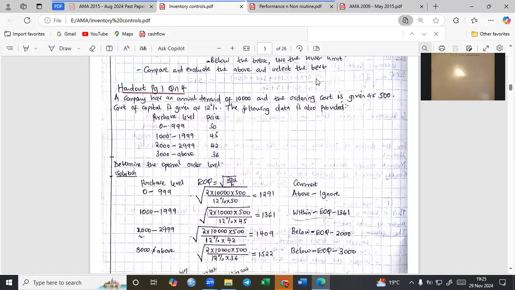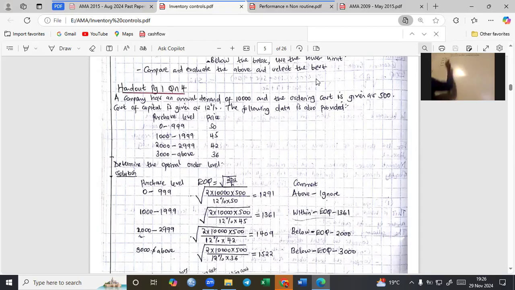Now let me draw this table because we might need it. Between 0 to 999, then between 1,000 to 1,999, then between 2,000 to 2,999, and then 3,000 and above.